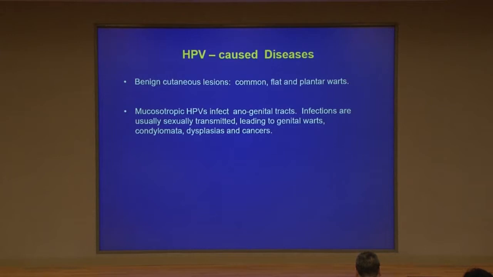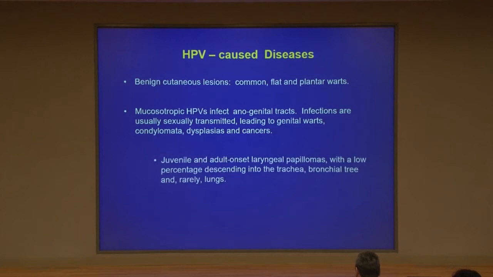That's why most of the study is on the mucosal tropic viruses. They cause genital warts and condyloma. Some of them can progress to high-grade dysplasia and cancer. And that's why most of the efforts are on this group of viruses.